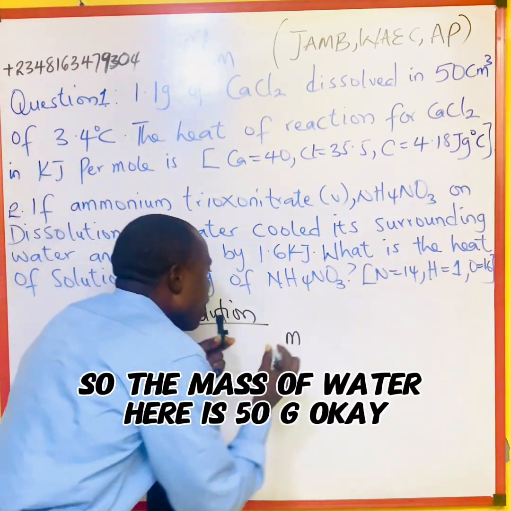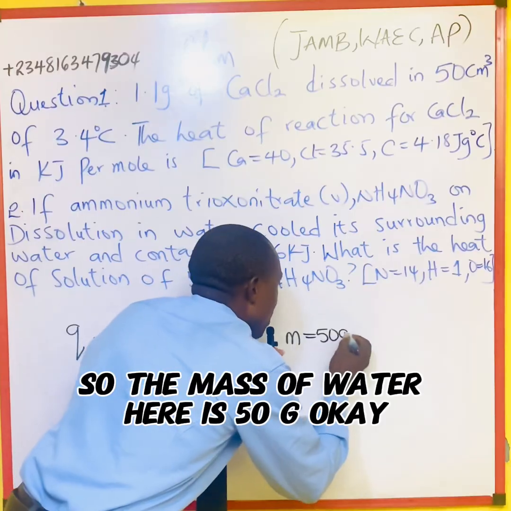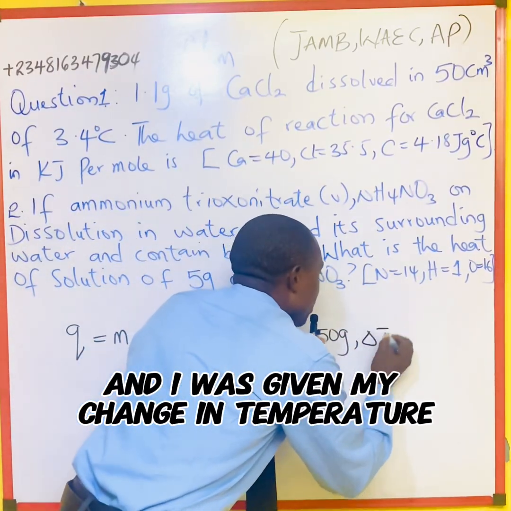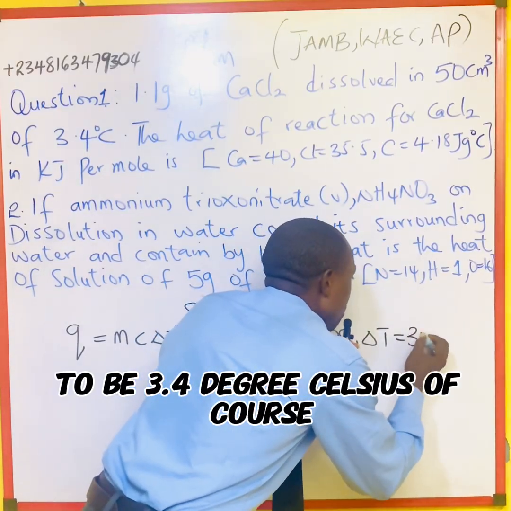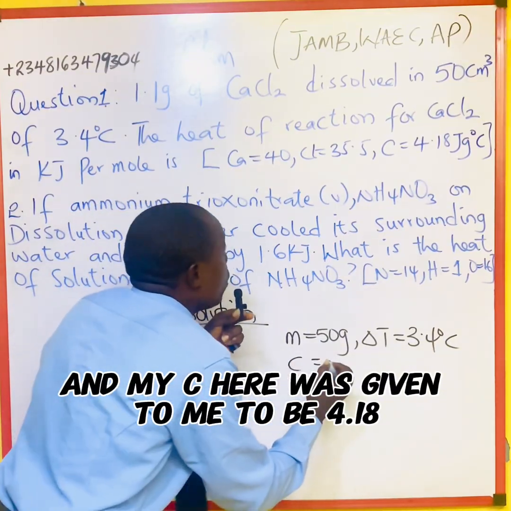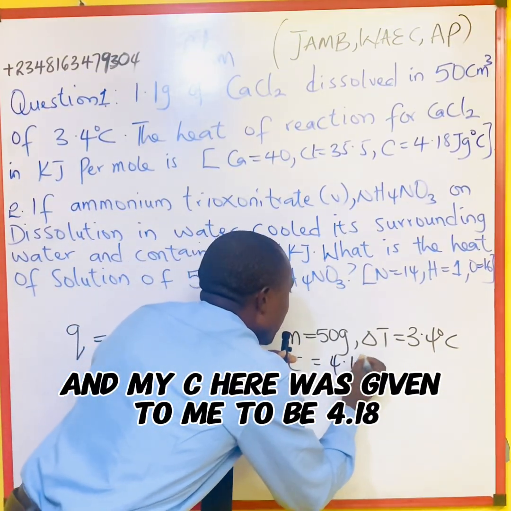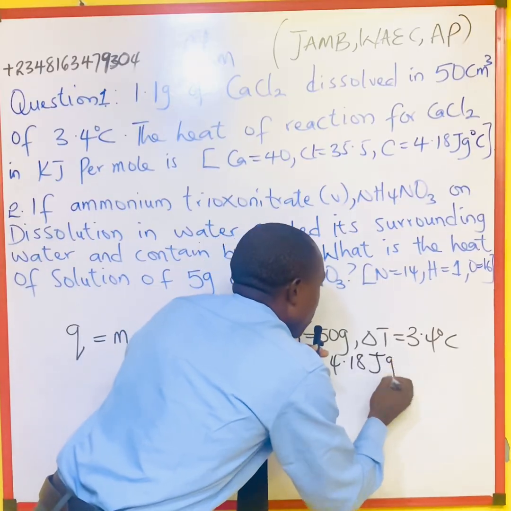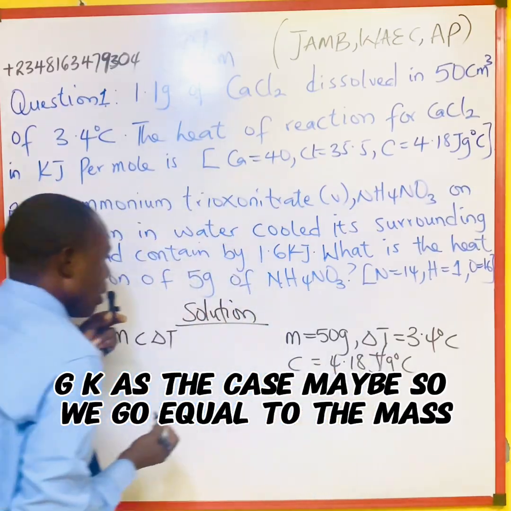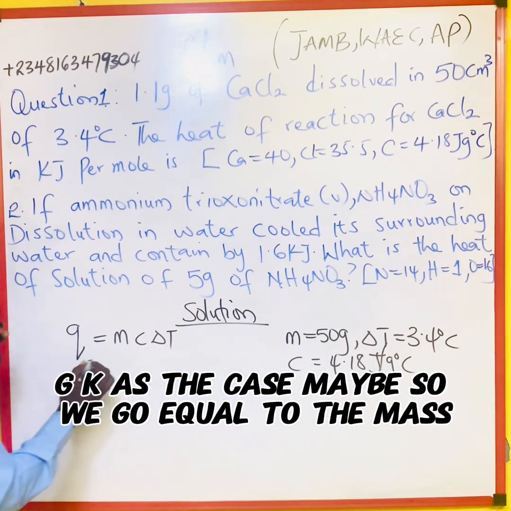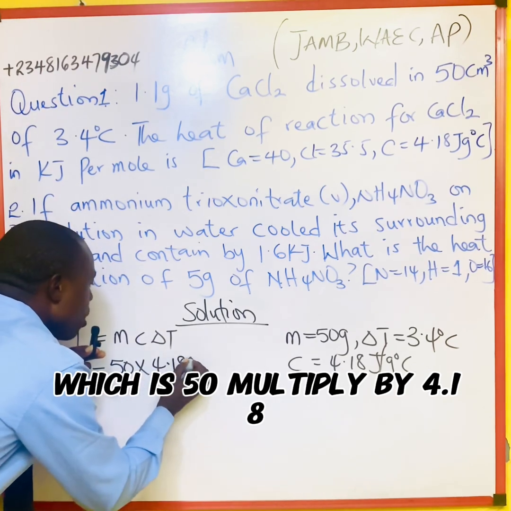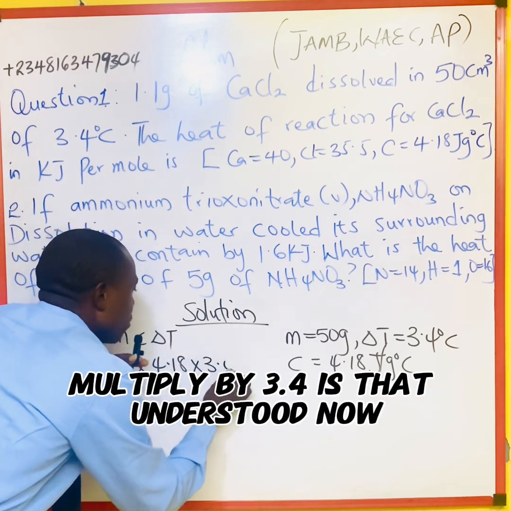So the mass of water here is 50 gram, okay, and I was given my change in temperature to be 3.4 degrees Celsius, of course, and my c here was given to me to be 4.18 joule per gram per degree Celsius. So Q is equal to the mass, which is 50 multiplied by 4.18 multiplied by 3.4.